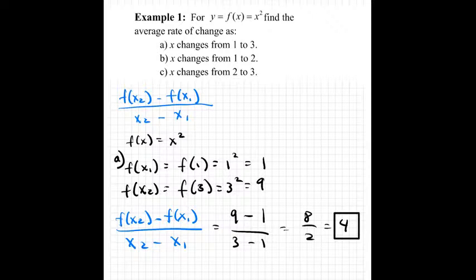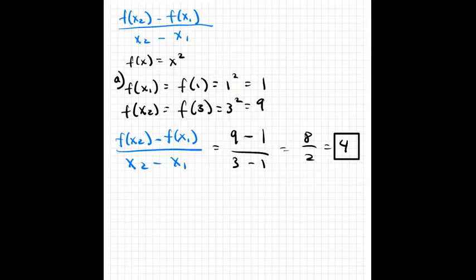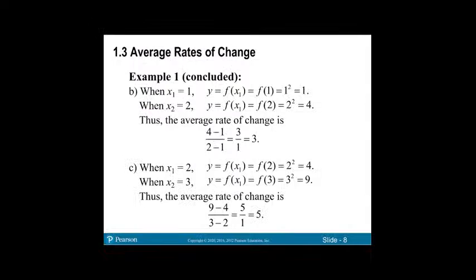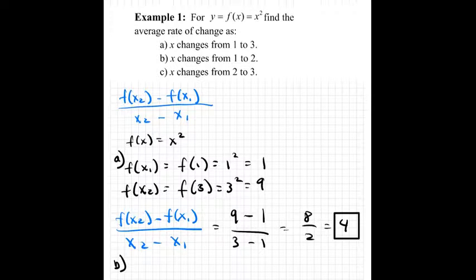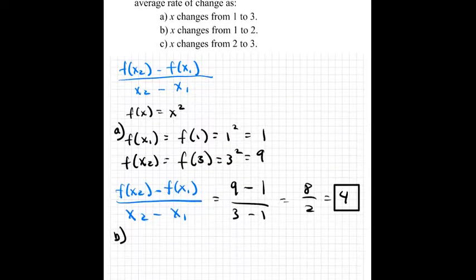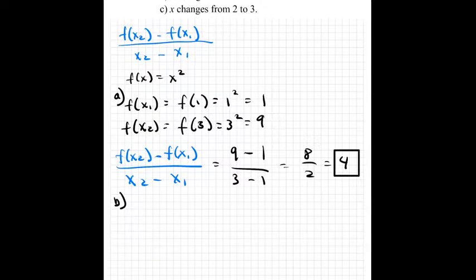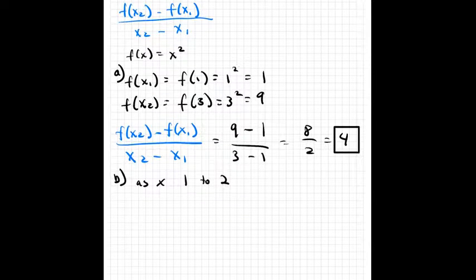Okay. So we'll check it momentarily. Let's go ahead and do part B. It says x changes from 1 to 2. Okay. So let's do the same thing. So our f of x is x squared.